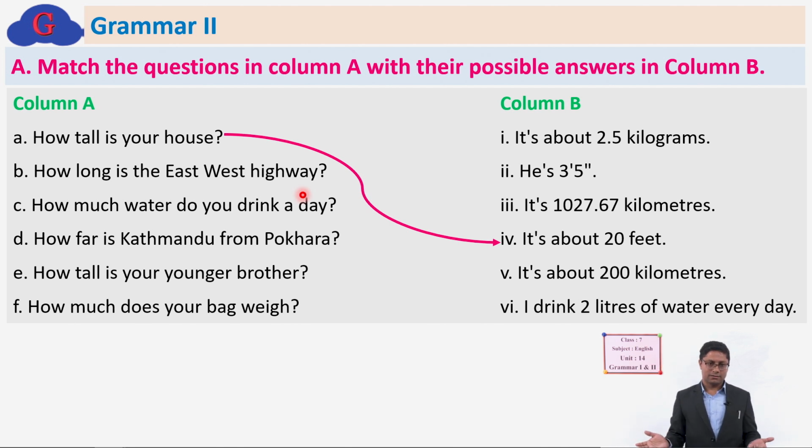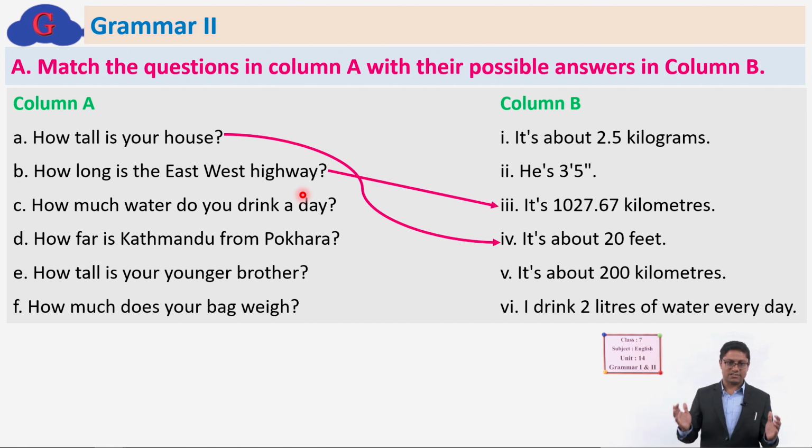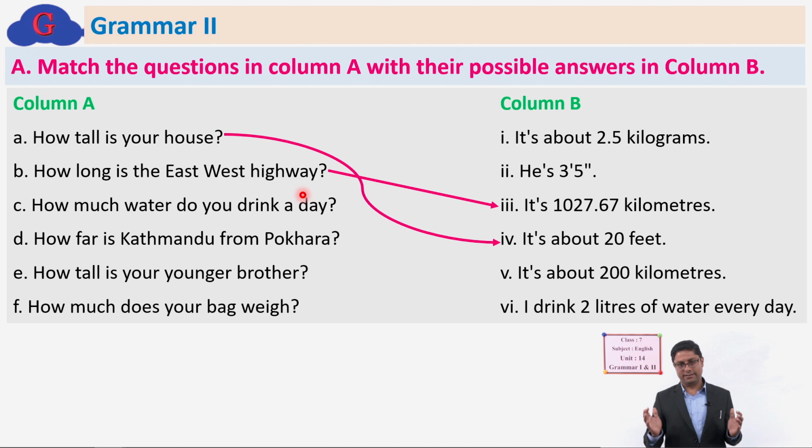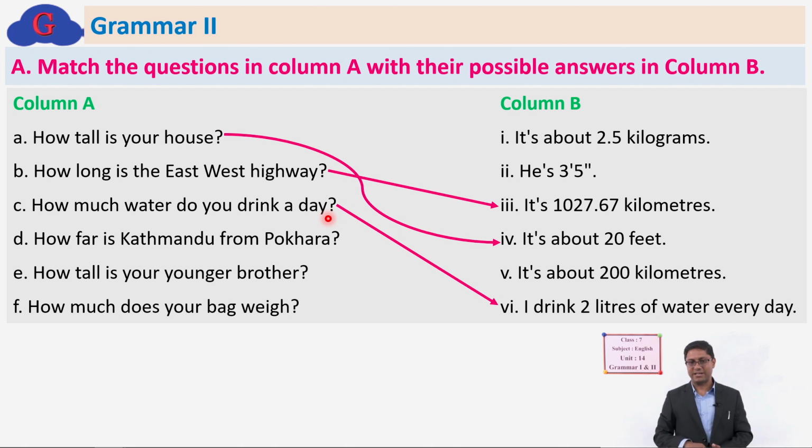And the answer is 1027.67 kilometers. Very good. Let's move ahead. The third one, let's see what's there in C. How much water do you drink a day? And what's the answer? Exactly. I drink 2 liters of water every day. That's the answer.